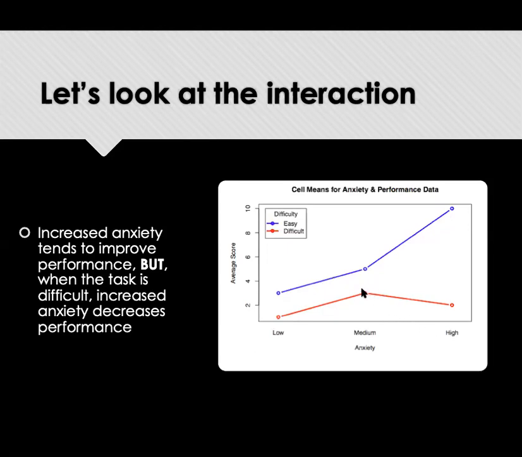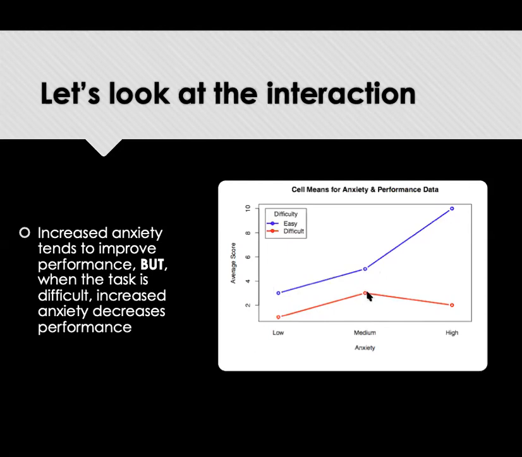But when the task is difficult, which is the red line, increased anxiety decreases performance. So you see from low to medium, things are the same, right? A little bit more anxiety. So when you have low anxiety and you add a little bit of anxiety, your score goes up, whether the task is easy or difficult.